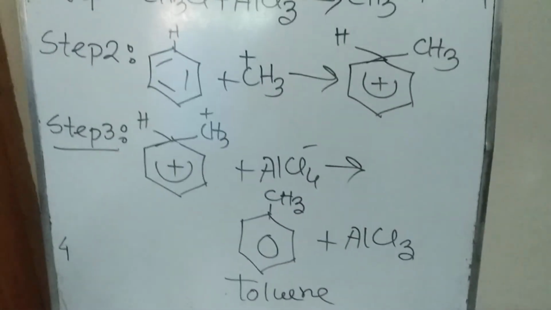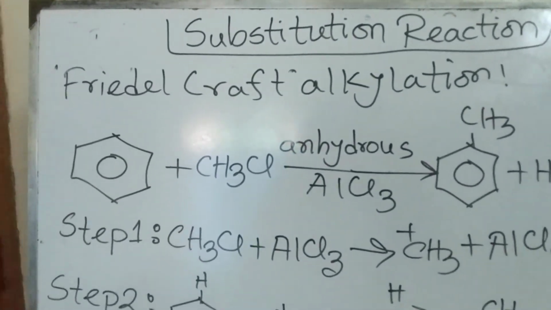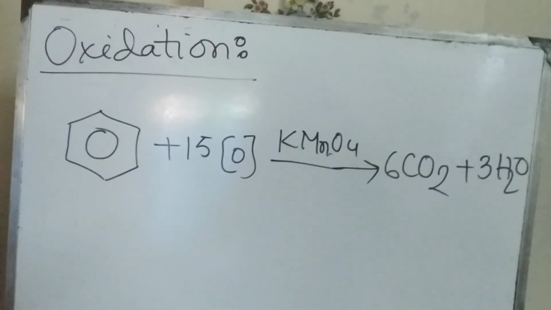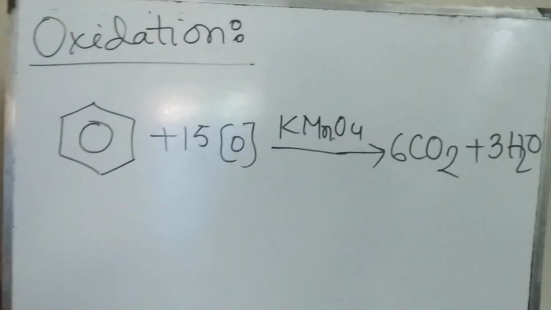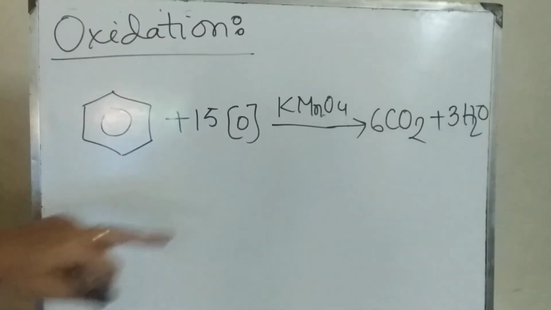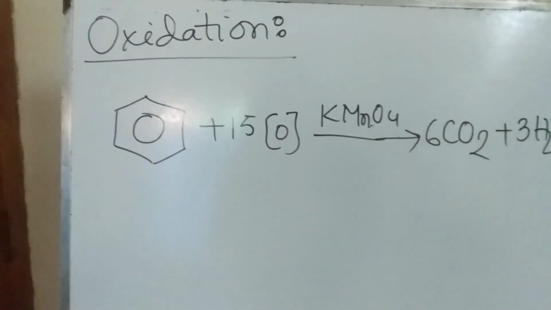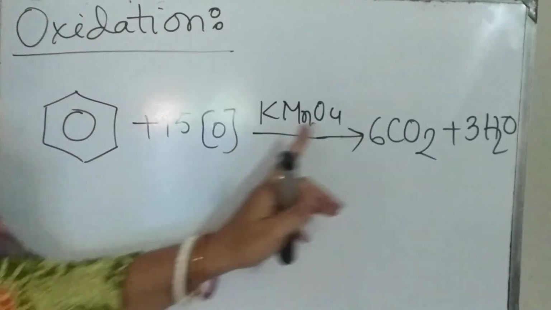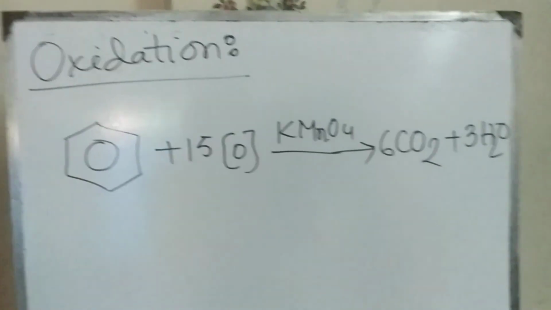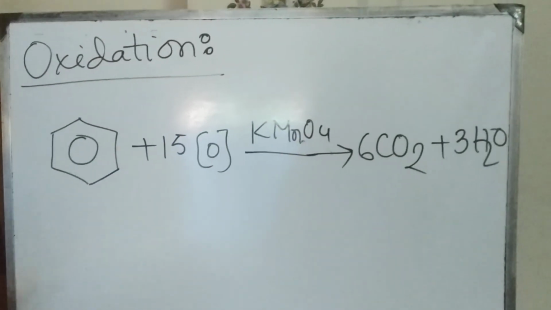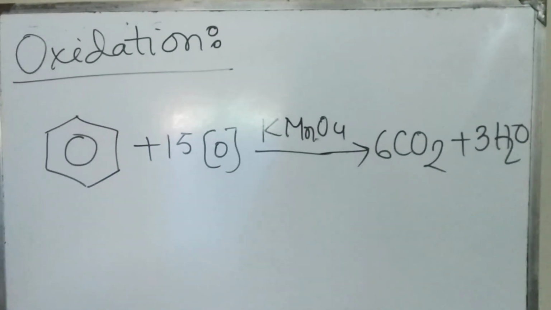Actually, this type of mechanism takes place in every substitution reaction of benzene. Okay? Usually, benzene is a very stable compound. It is not oxidized easily. But in presence of a strong oxidizing agent like KMnO4 or chromic acid, benzene is oxidized and converted to carbon dioxide and water. So this is the concept of benzene. Today I discussed the preparation, physical properties and chemical properties of benzene.